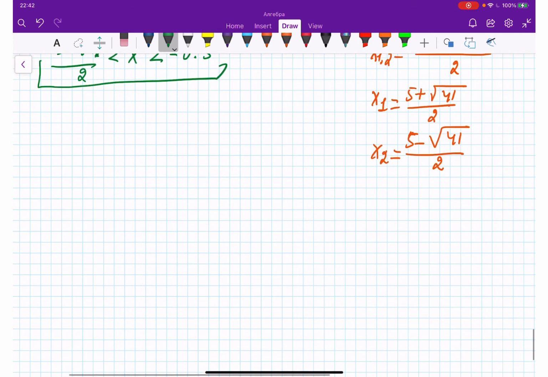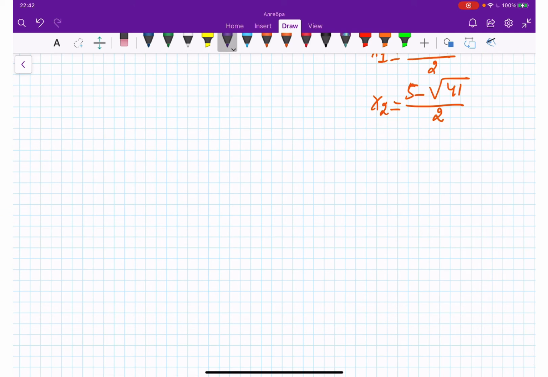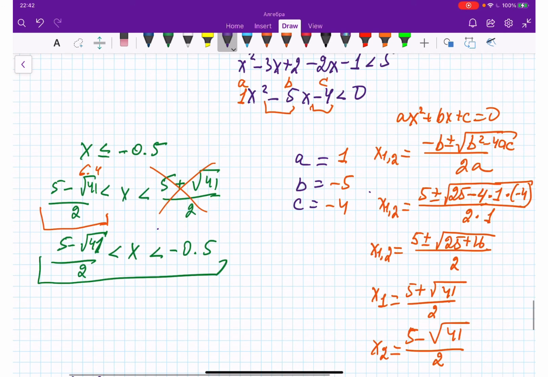Moving to second interval. Second interval is going to be between negative 0.5 and 1. If you wonder why I don't have the equal sign here, it's because we already used the equal sign for the negative 0.5.